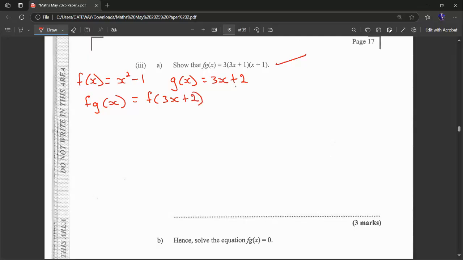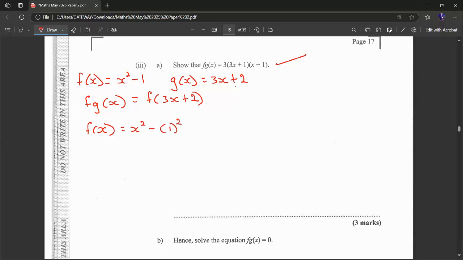But looking at the f of x function, that is x squared minus 1. That's the difference of 2 squares. So you can put that down here. So f of x is equal to x squared minus 1 squared.